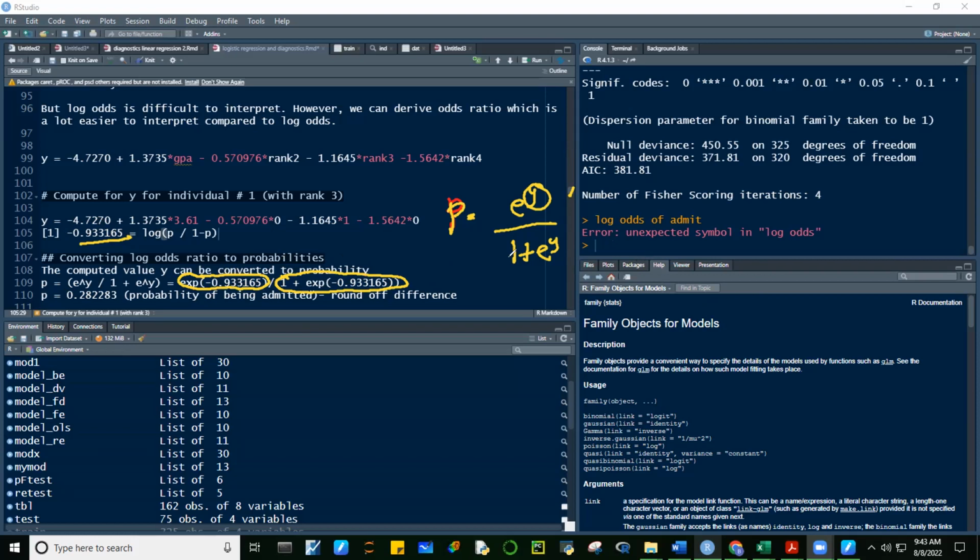Please try it in the console: type exp and get the exp of negative 0.933 divided by 1 plus exp of negative 0.933. I can't use the mouse right now because I'm using the writing pen. Then tell me what you get. What value do you get for your P? Please chat. Are you getting 0.28223?